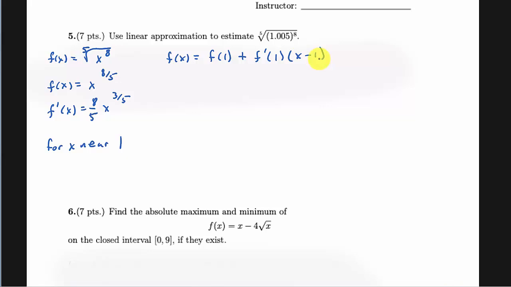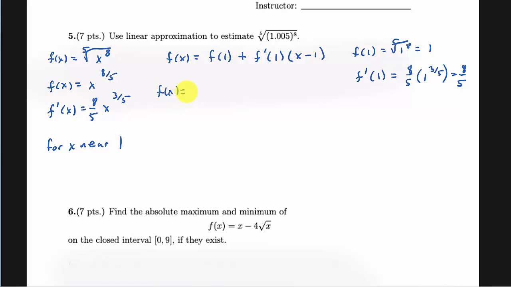And so, let's see, we have f of 1 is equal to the fifth root of 1 to the 8th, which is 1, and f prime of 1 is equal to 8/5 times 1 to the 3/5, which is 8/5. So let's plug all that in.